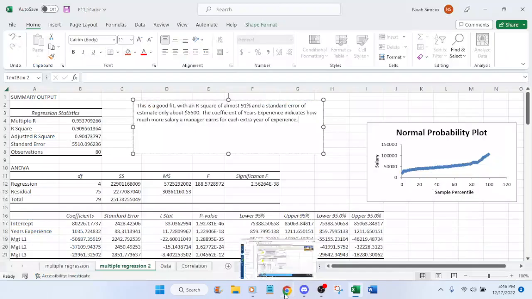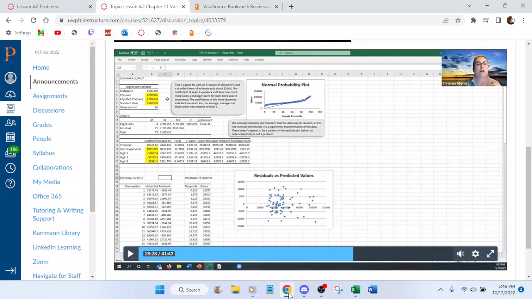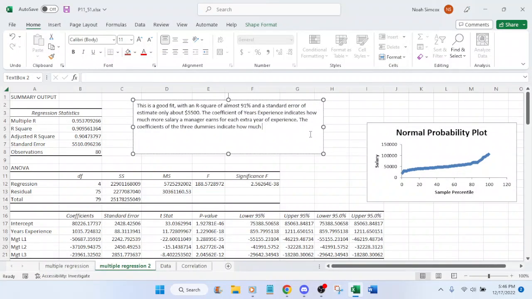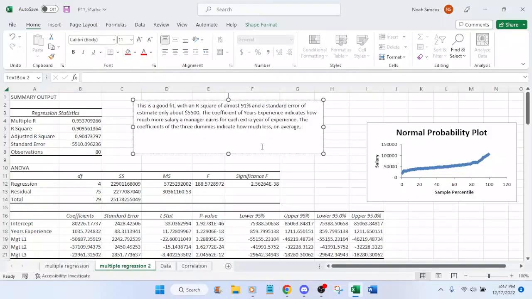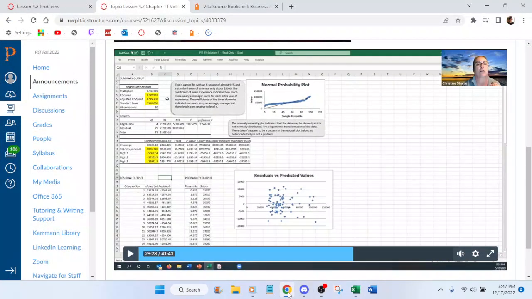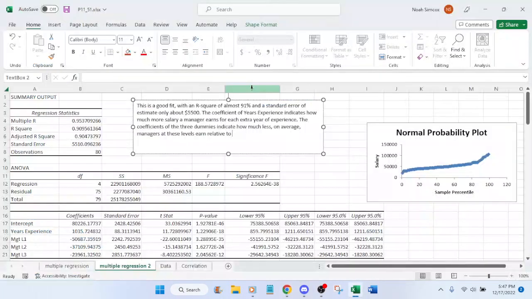The coefficients of the 3 dummies indicate how much less on average the managers at these levels earn relative to level 4.